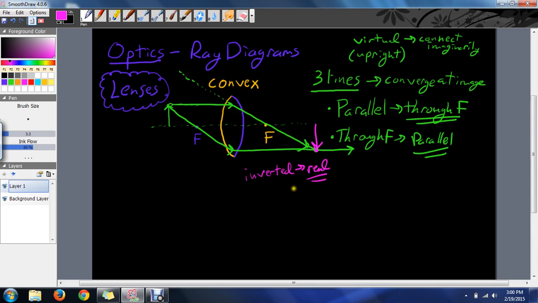Think for a second. Did they connect imaginarily? No. The actual light rays connected here, which means there literally are photons here. So it's a real image. Real is always inverted, virtual is always upright.